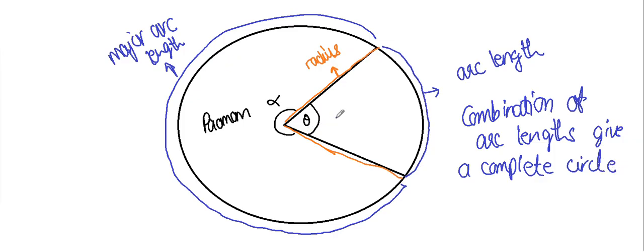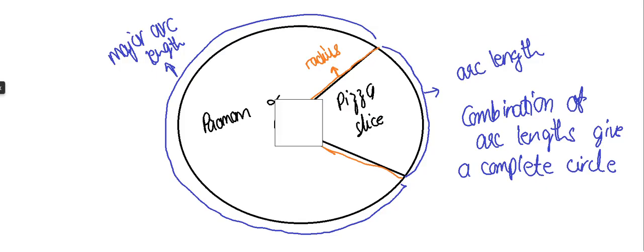Let's look at this region first. The pizza slice. Let's call it the region of pizza slice. Okay. I want to know two things of this. How to find the area of this region and how to find the arc length of this region. What do I do?